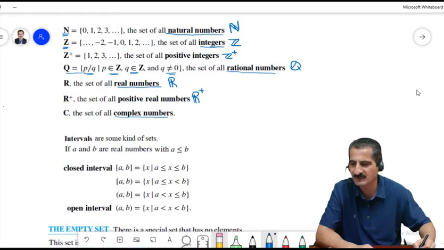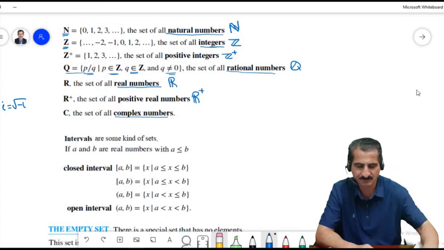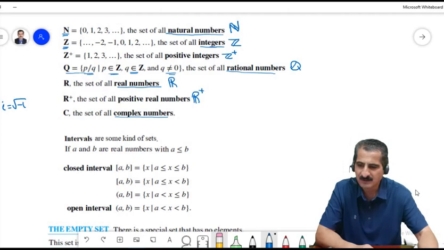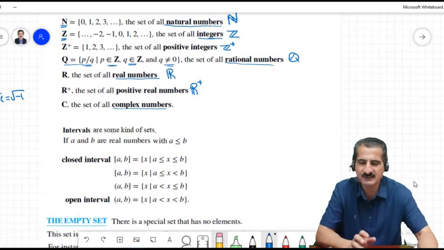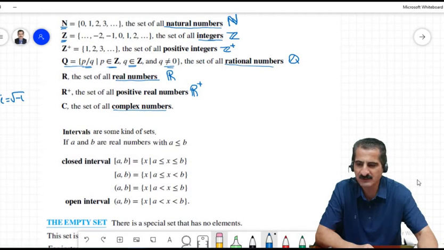It depends on the imaginary number, which we call i, the square root of negative 1. So you don't have to worry about it for now. We need to know these: N, Z, Z plus, Q, R plus. These notations are the same in all books of mathematics or other sciences.